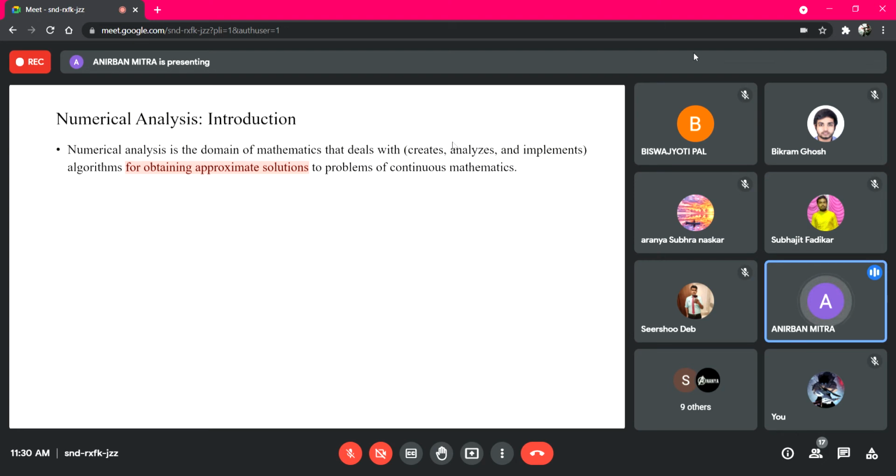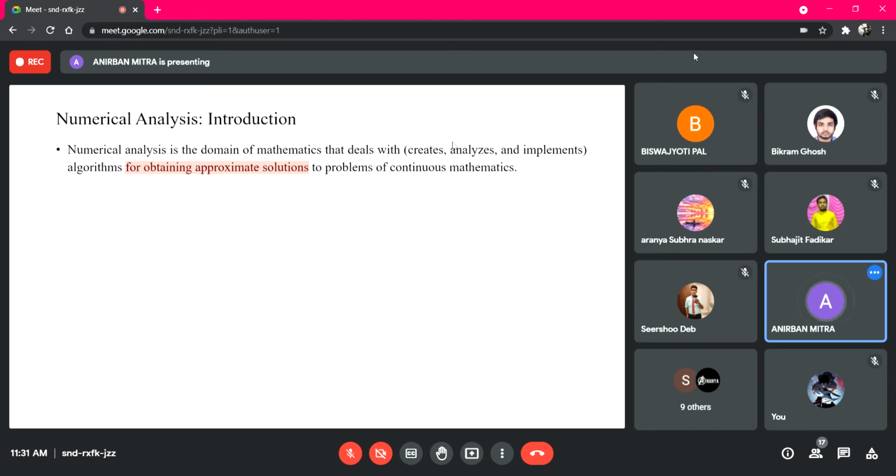Why the word approximate comes in, we have already discussed in the first slide. Errors are inherent in these numerical solutions, and that is why these are known as approximate solutions. They are not exact solutions.